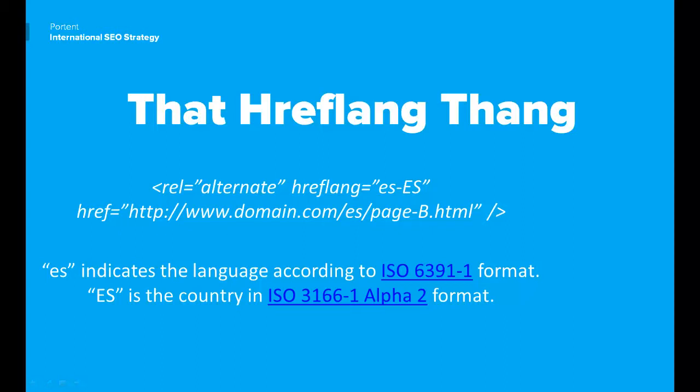The ES in lowercase indicates language, and the ES in uppercase is the country. Each of those codes uses ISO code format. I have a link there to ISO codes for languages and for countries, and you have to follow those language codes exactly. There's really no margin for error when implementing these hreflang tags.